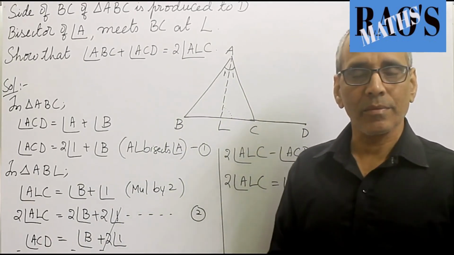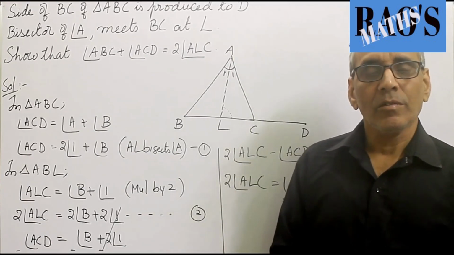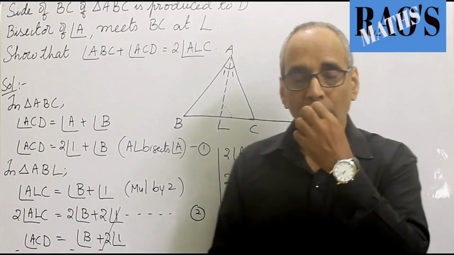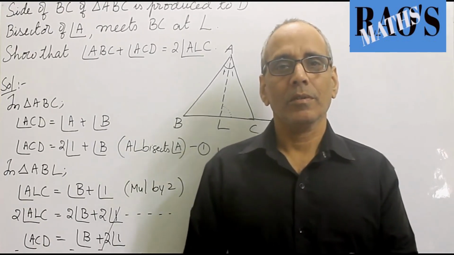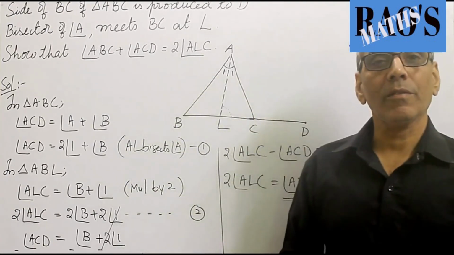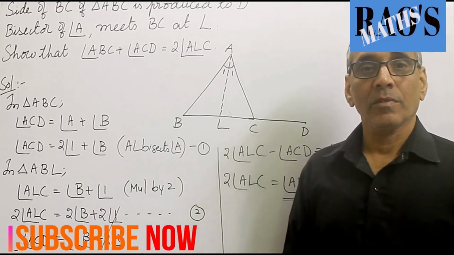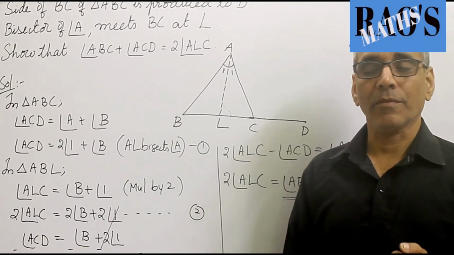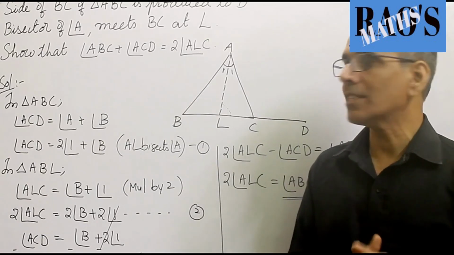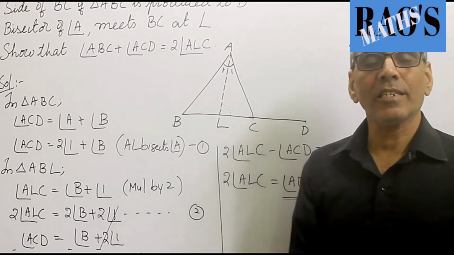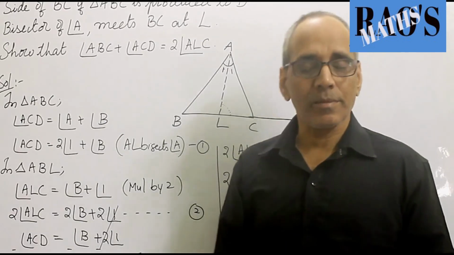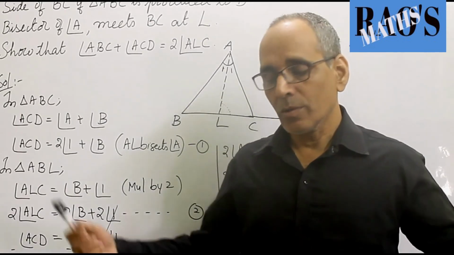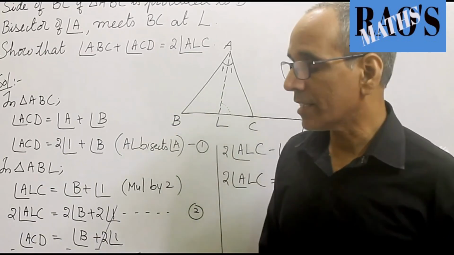I remind you, I said once, it depends on how you look at the diagram, how you look at the question. So geometry questions are very, very important to bring out your hidden skills. The way you approach the question is very important, and it is tested only in geometry, no other branch of mathematics. So this is the end of triangles and their properties.